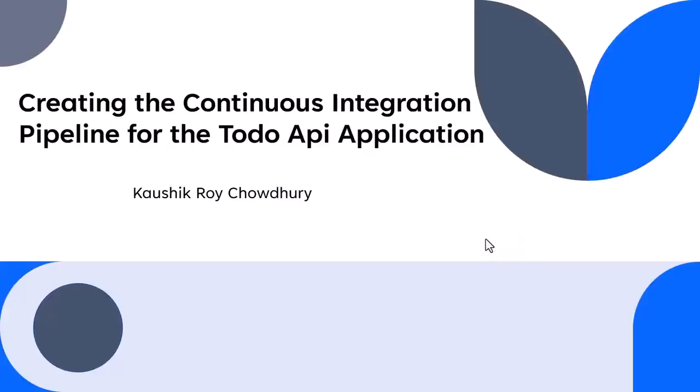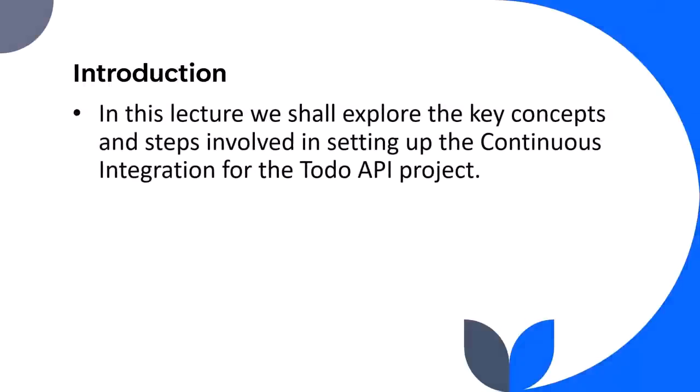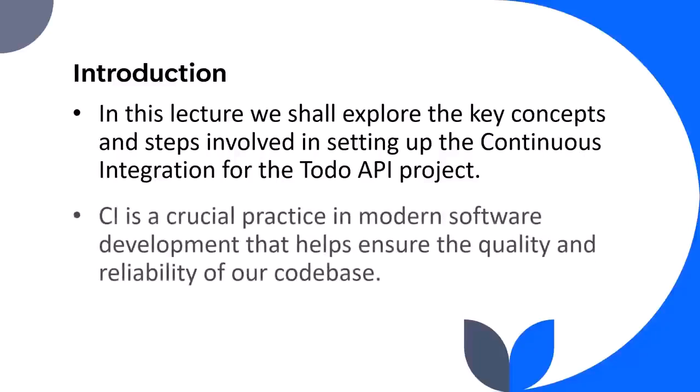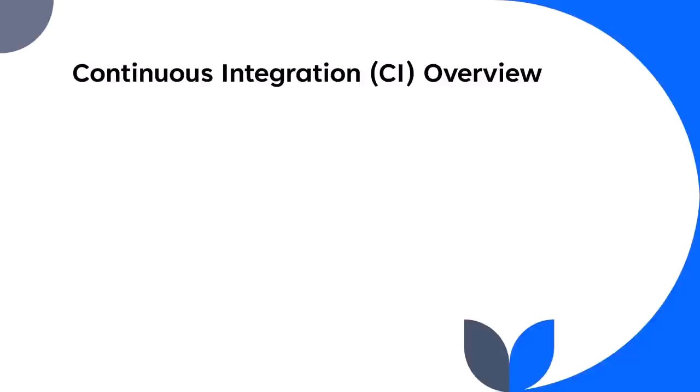So, creating the continuous integration pipeline for the To-Do API application. In this lecture, we shall explore the key concepts and steps involved in setting up the continuous integration for the To-Do API project. CI or continuous integration is a crucial practice in modern software development that helps ensure the quality and reliability of our code base.